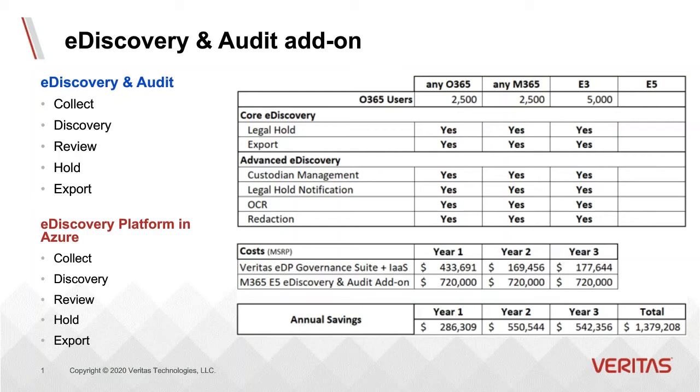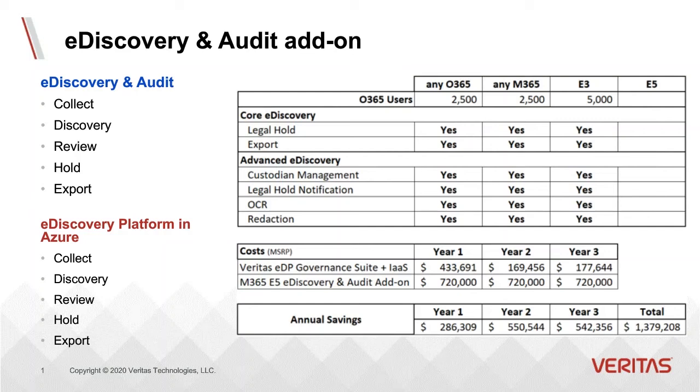If I have some Office 365 users and I need some legal hold, but I don't need any of these other things down below in advanced eDiscovery, then they would just need an E3 license, or you could add this eDiscovery and Audit add-on. Or if you had some items down here in advanced eDiscovery, you'd either need the full E5 or you can add this add-on here. And there are use cases where you want to do one or the other. But what I'm going to show is it's very expensive regardless.